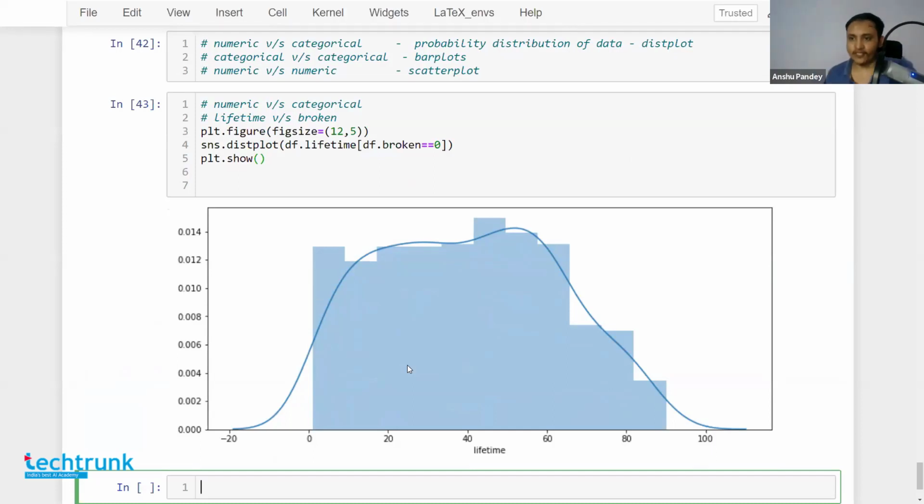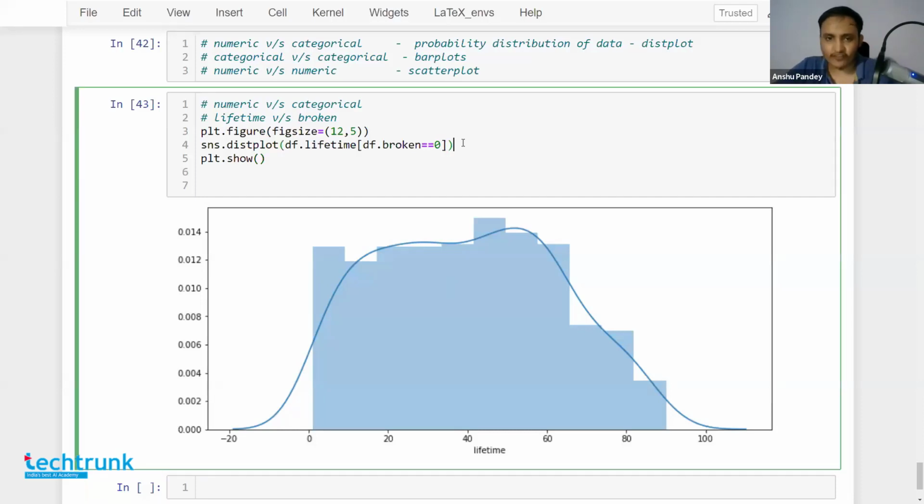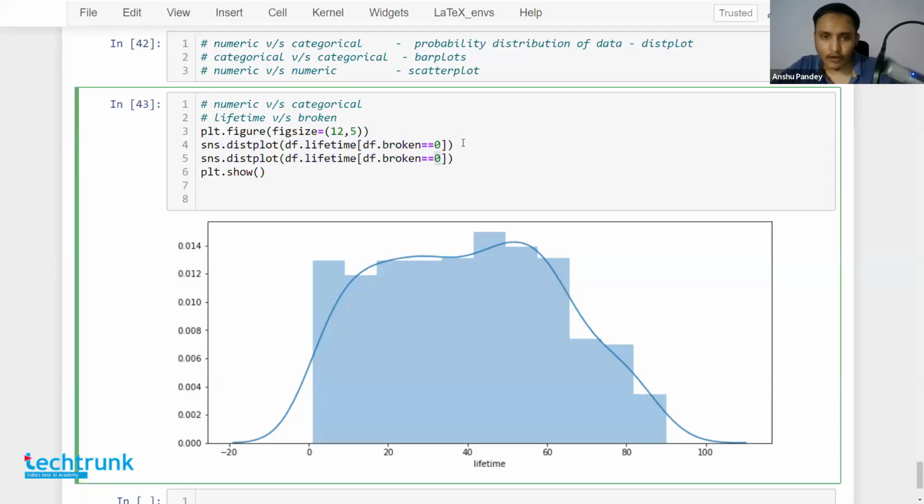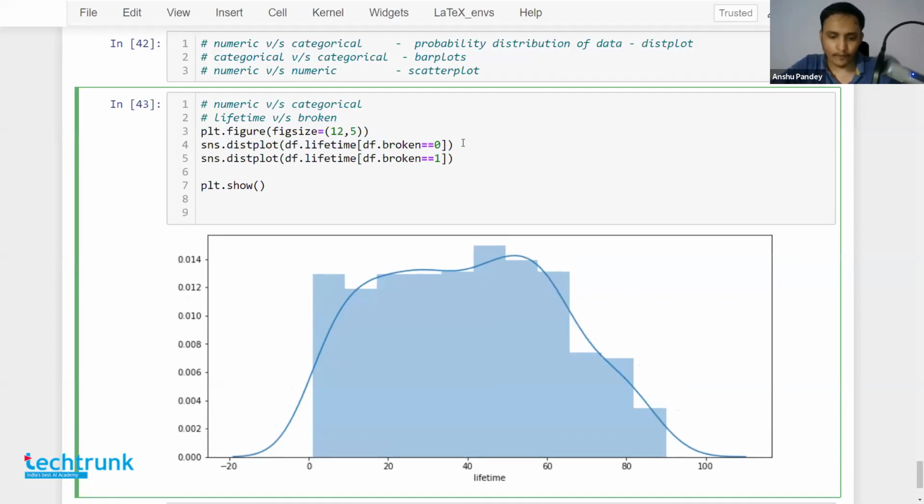The x-axis represents the lifetime and the y-axis represents the probability distribution, which is like the percentage of machines existing which are not broken at that particular value. But to make sense of this, it's better to compare this probability distribution with another probability distribution of the machines which are actually broken.